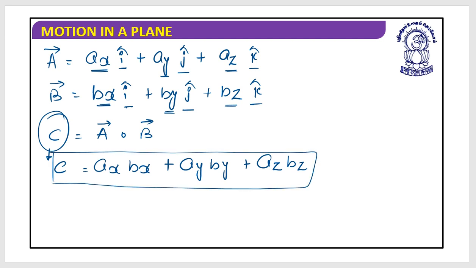This is the dot product. Is it clear? It is very easy, you just simply multiply, taking into consideration that i must be multiplied with i, j with j, and k with k. That's it, and things will be done.